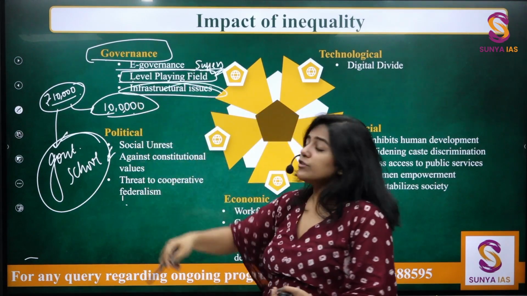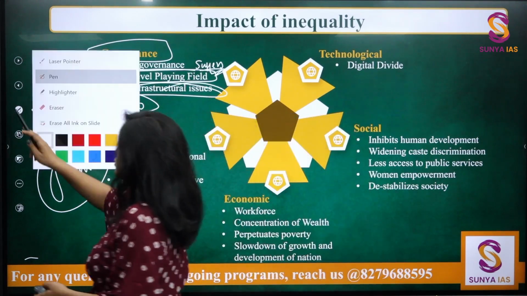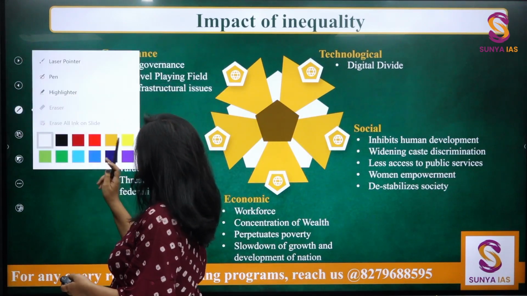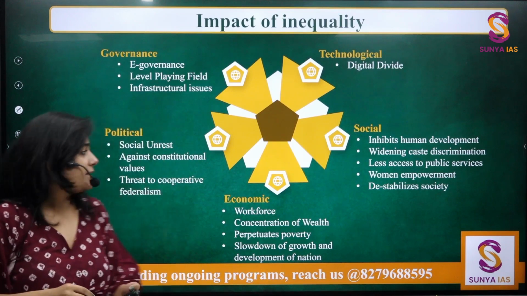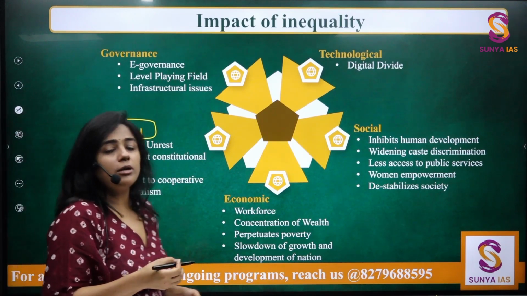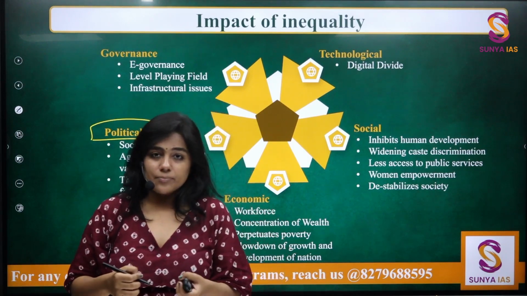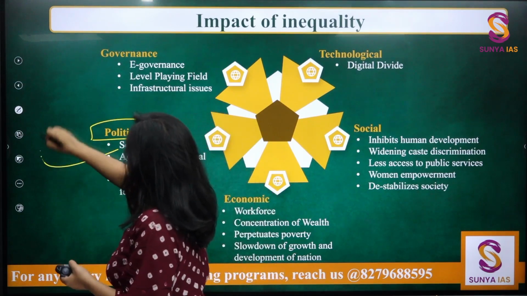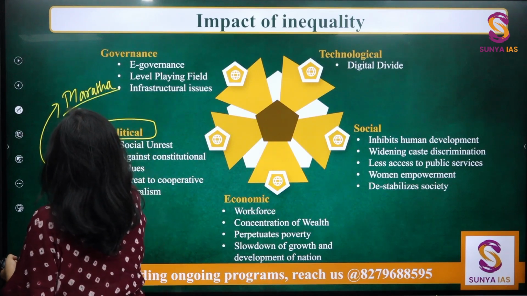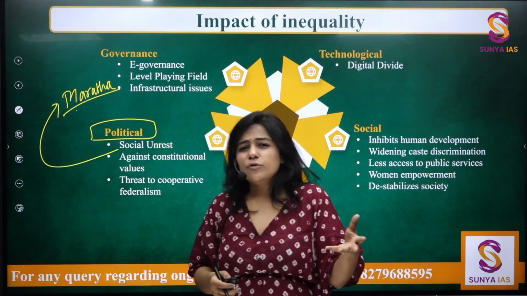Then there are infrastructural issues, of course, that remain as a result of income inequality. Politically, when there is a lot of income inequality, it leads to social unrest. For example, right now there is this demand for Maratha reservation. Why is there a demand for Maratha reservation?